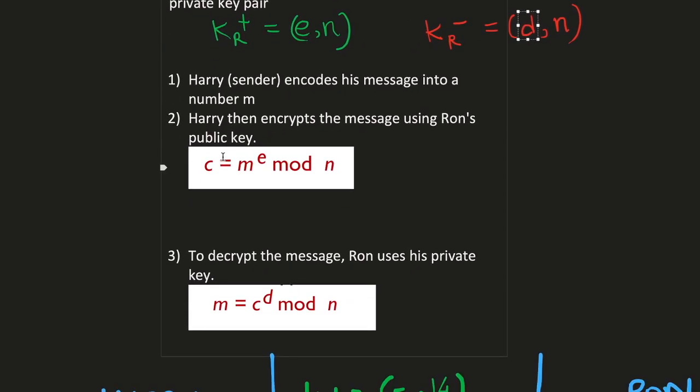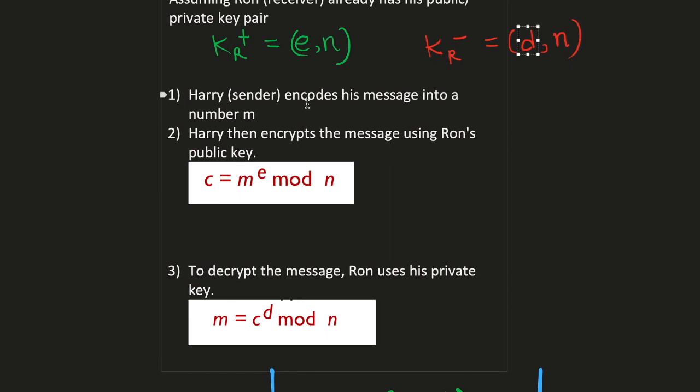Then let's have a look at this. The sender, Harry, first encodes the message into a number m. Generally ASCII encoding is used, but we can use any encoding of our choice. So let's say I'm trying to send the character D, then I would just use 4, because it's the fourth letter of the alphabet, and so on.